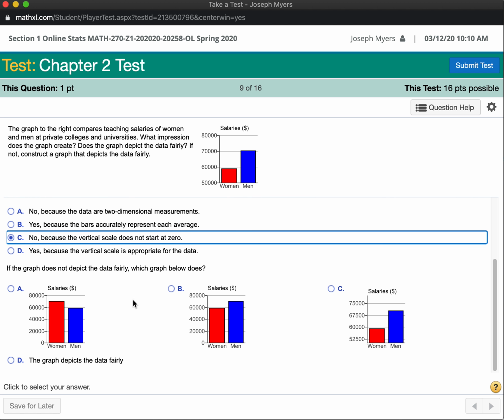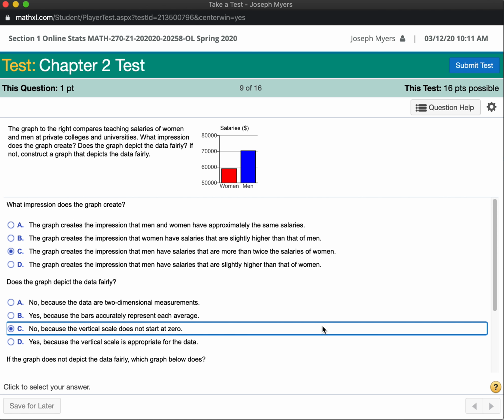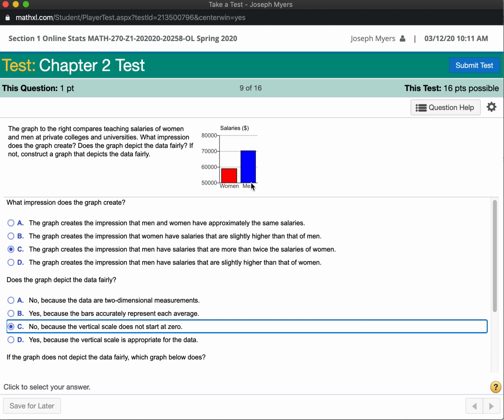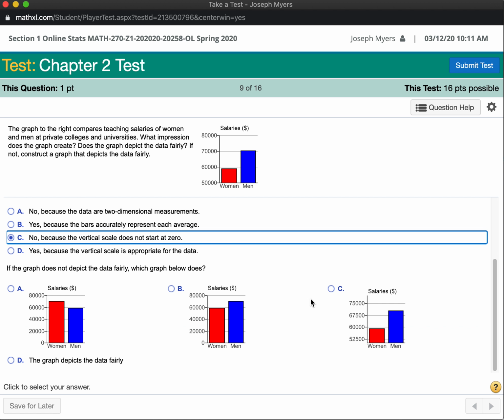So a more fair comparison of the data would be the one that actually starts at a true 0 value, which would be this one, and it still shows the salaries of, no, wait, okay, just 1 second. According to this, women have a salary a tiny bit less than 60,000.